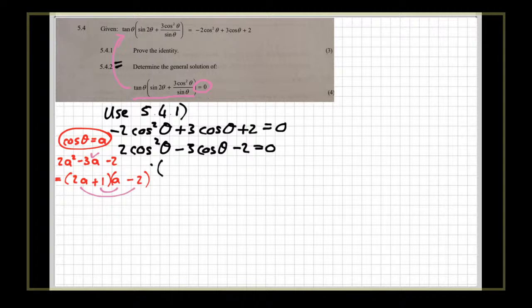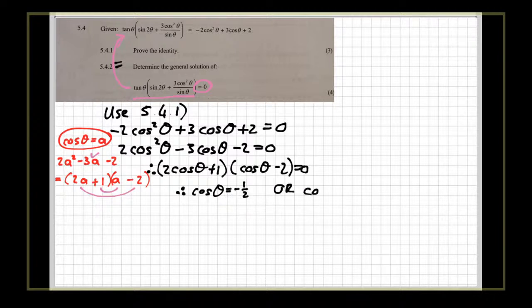So therefore, I've got 2 cos theta plus 1 and cos theta minus 2 equal to naught, which leads me to the two equations: cos theta equal to negative 1 over 2, or cos theta equal to 2.